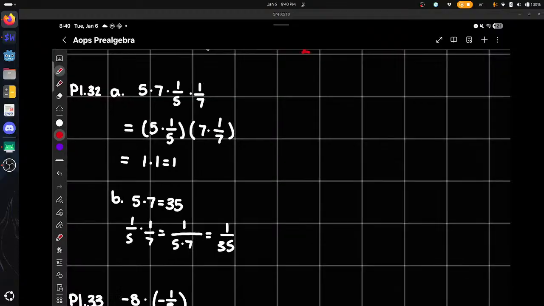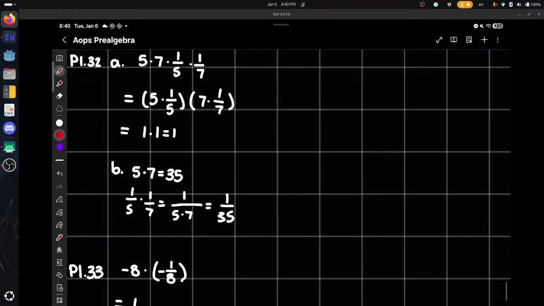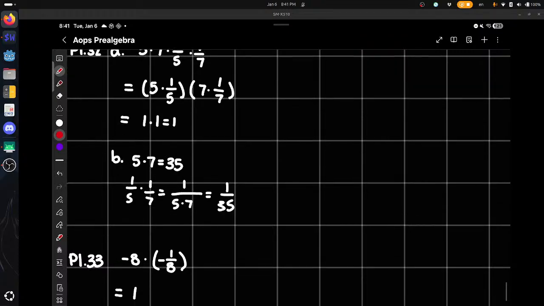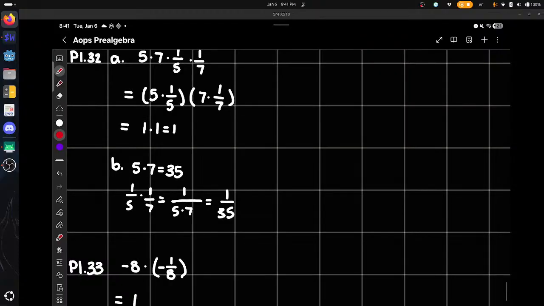And then B, we show that it's basically just combining the reciprocals. And we see that, well, 1 over 5 times 7 is the same as, or is the reciprocal of 5 times 7. And this basically just says, well, this and this is really just this.